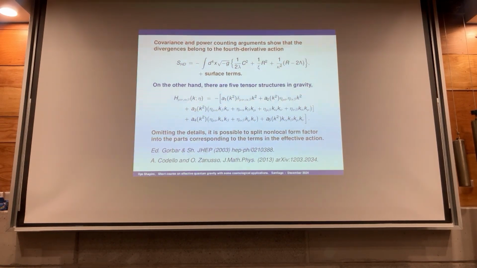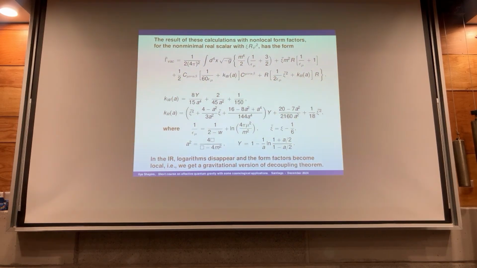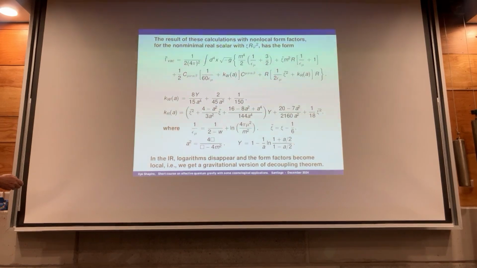And this can be done. I think it was done by Gorbar and me, maybe it was a unique calculation of this kind. And the result is the following. Here we have divergences, 1/ε, and ε is, as usual, the divergence, plus log of 4π μ² over m². This is a universal combination, as I explained.